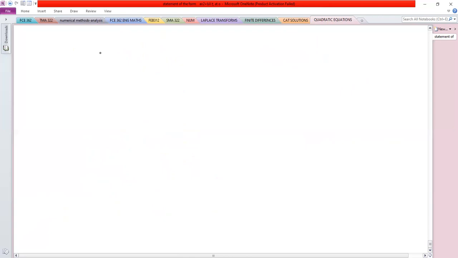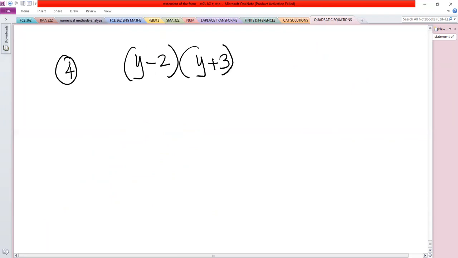Another example, number 4, we have y minus 2 times y plus 3 equals to 14. Now, there's a possibility that someone can make a mistake in this problem.